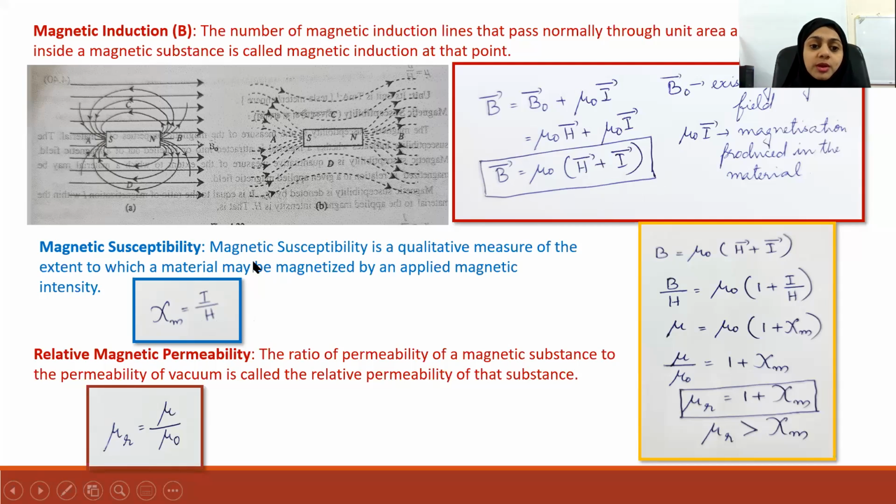So magnetic susceptibility is a qualitative measure of the extent to which a material may be magnetized by an applied magnetic intensity or magnetic field. It is a measure that represents how much we can magnetize a material.